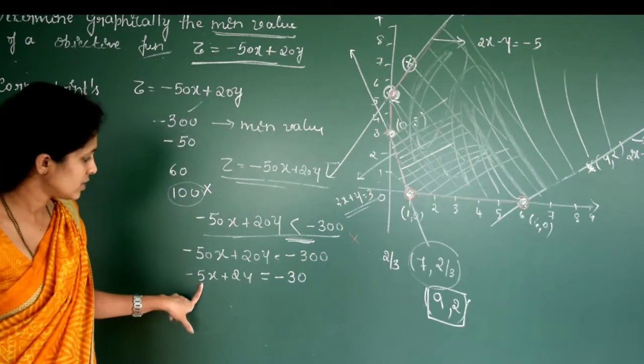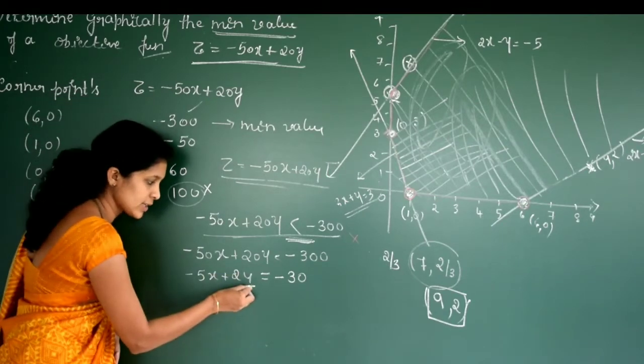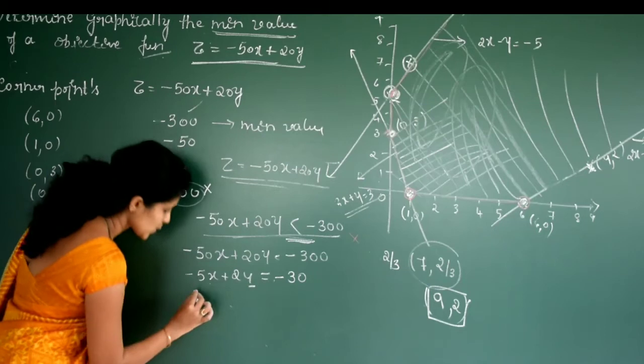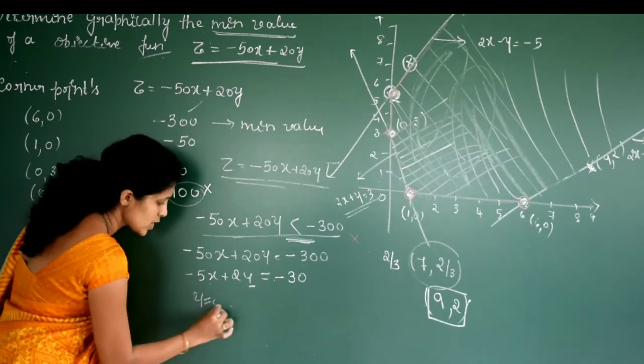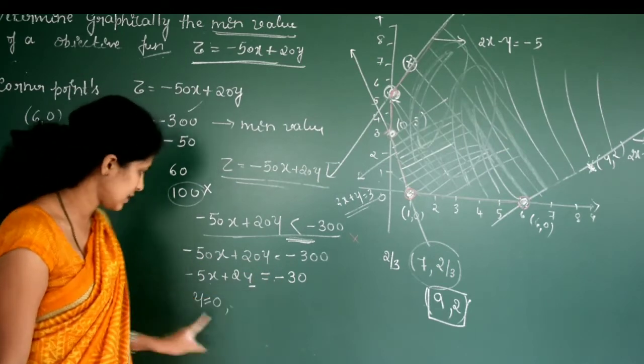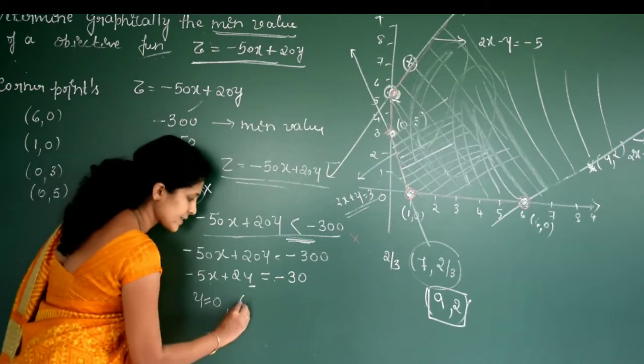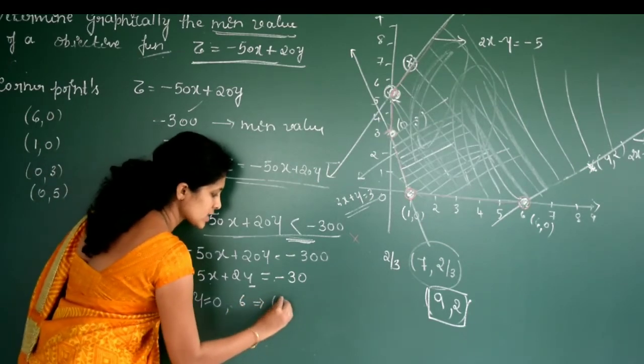If I substitute y is equal to 0, minus 5x will be minus 30, so minus and minus get cancelled, and the value of x will be 6. So the point is now 6, 0.